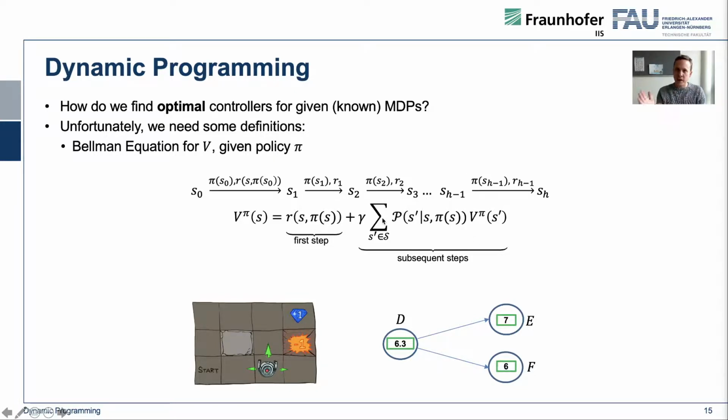This is what we did as we solved the going to work example from the end to the beginning. So we can say that the value of our state is the reward if we go out of our state, plus the values of all these successor states that I might end up in, times the actual probability of ending up in these successor states.